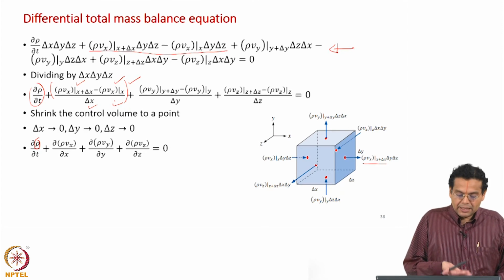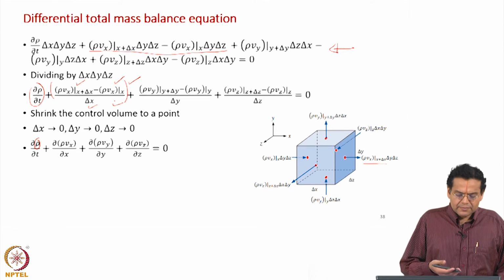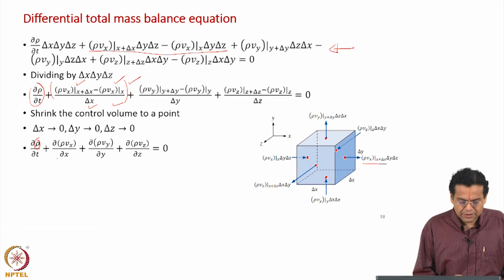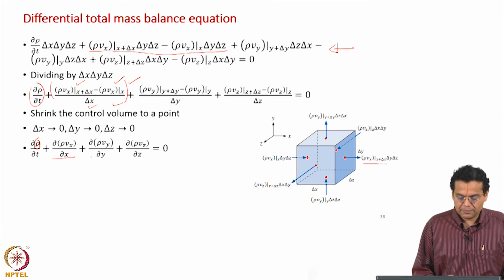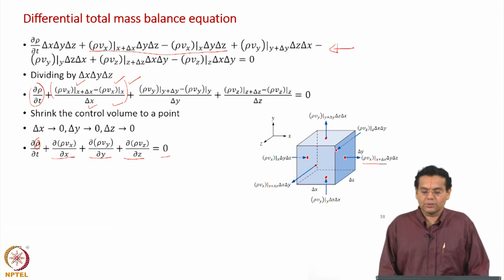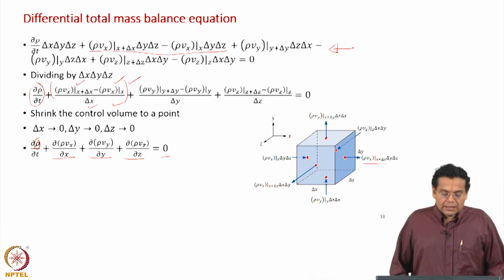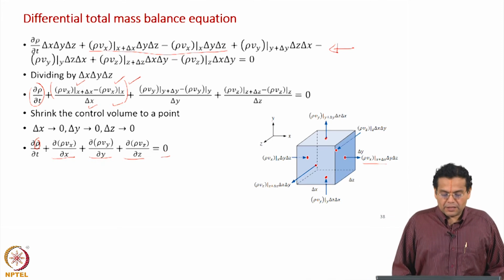In this case, because we are considering only variation along the x direction, keeping other variables constant, we get a partial derivative dou by dou x of rho Vx. Similarly in the y direction, similarly in the z direction, and of course the right hand side is 0. So, this is the differential form of the total mass balance equation.